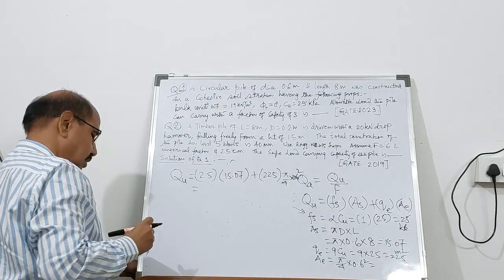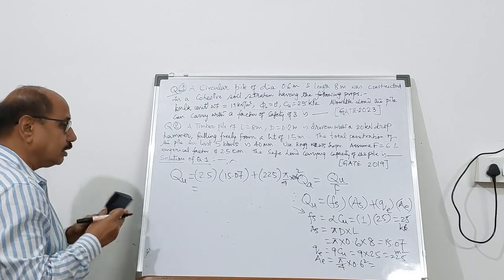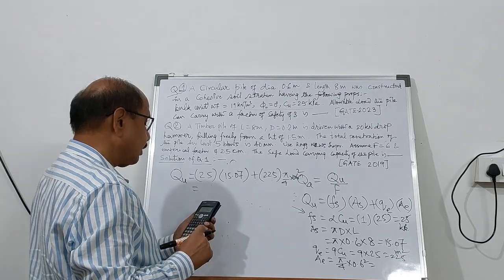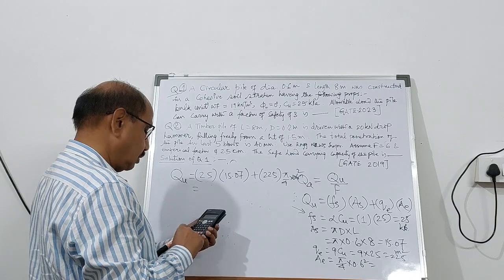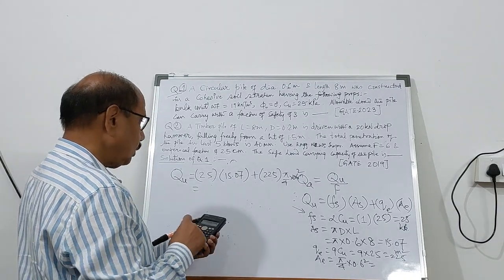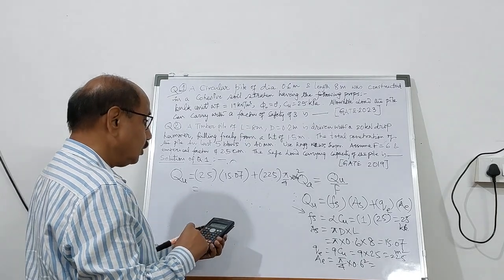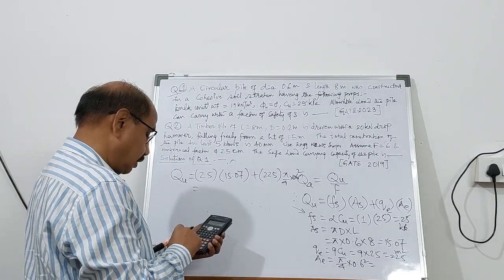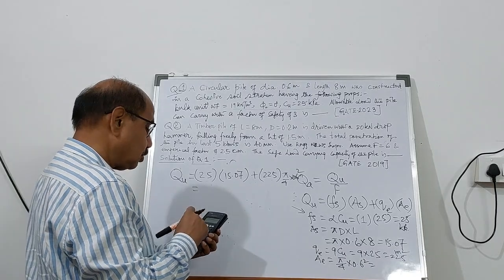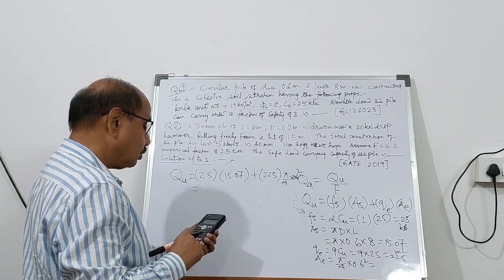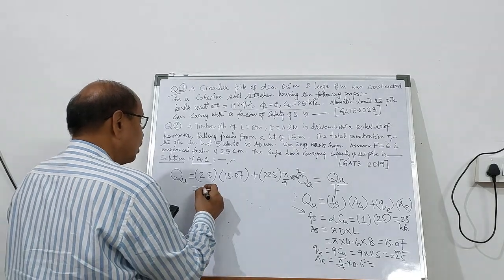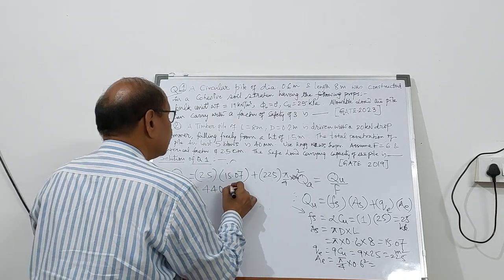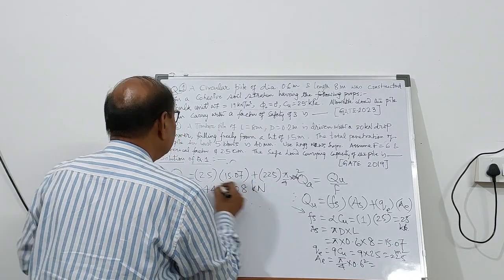So take your calculator and calculate it. 25 multiplied by 15.07 plus 225 into pi multiplied by 0.6 square divided by 4 comes out to be 440.608 kilonewton. So this is the ultimate load carrying capacity.